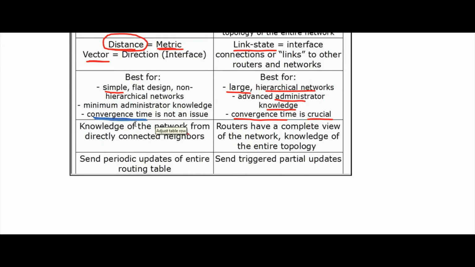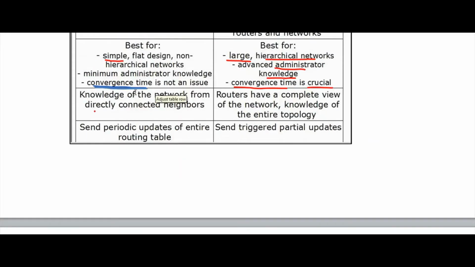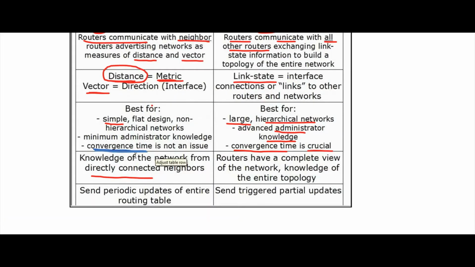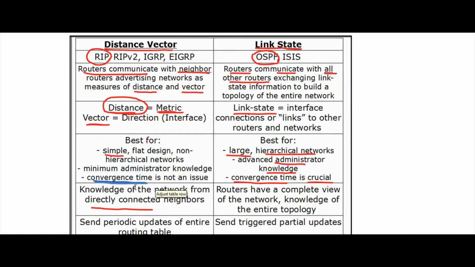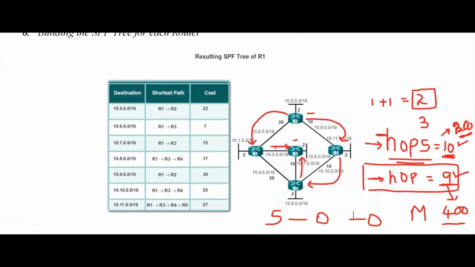Now, the knowledge of the network from directly connected neighbors. In distance vector, knowledge about the directly connected networks is enough. See R2: it will know about R1 and R5.